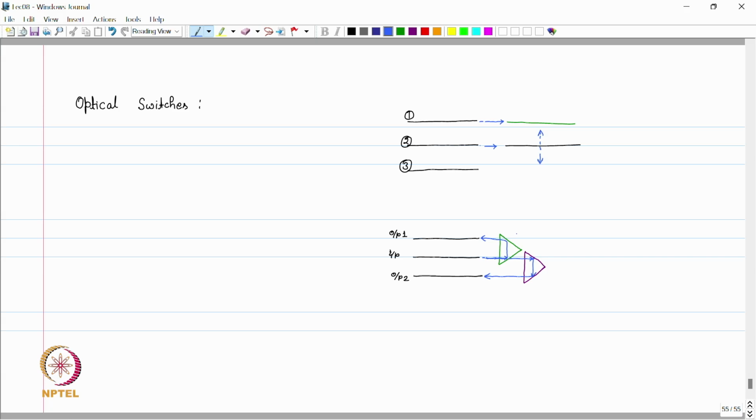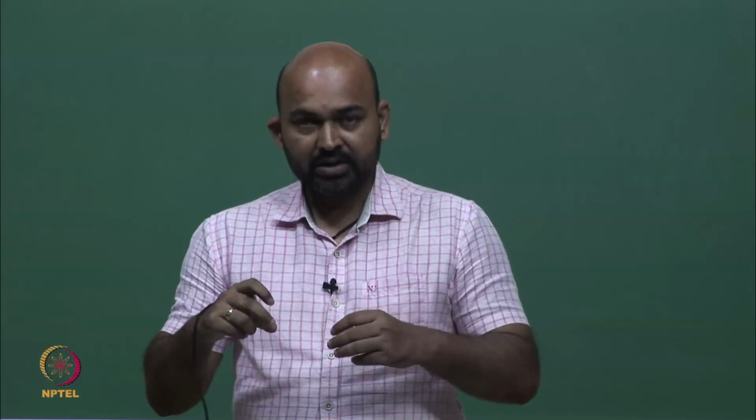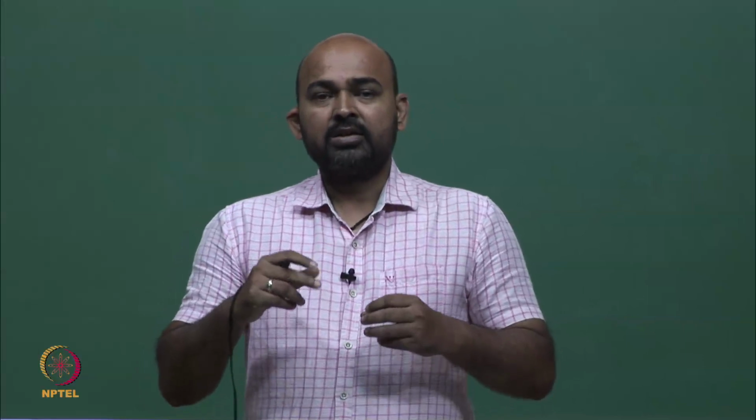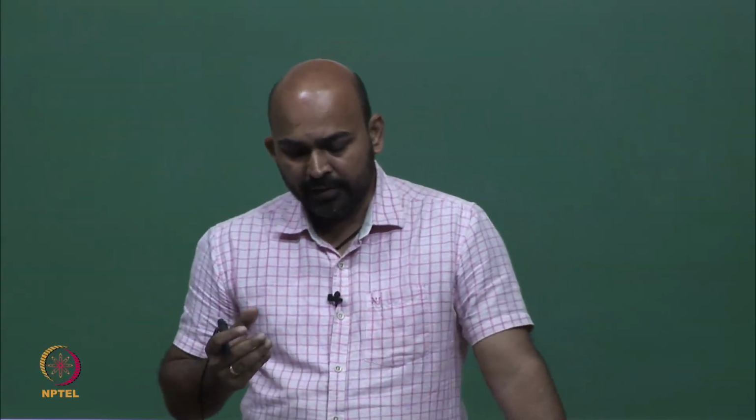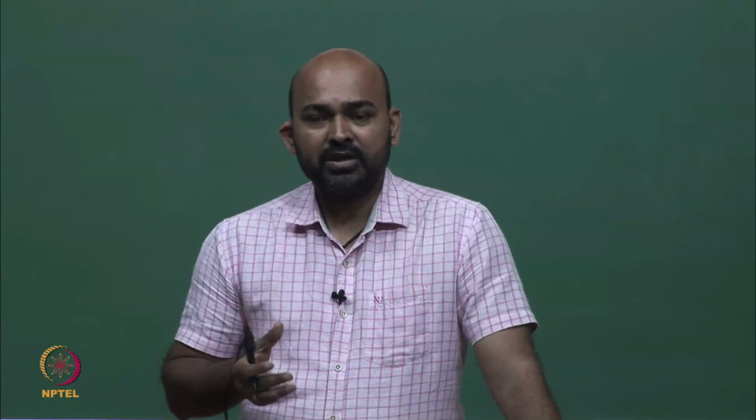So, this is case 1 and this is case 2. In case 1 we see if we keep the prism in the upward direction, then input is coupled to output 1. If we move the prism down, the input is coupled to output 2. So, in this way we can make these optical switches, though there is a physical motion involved.